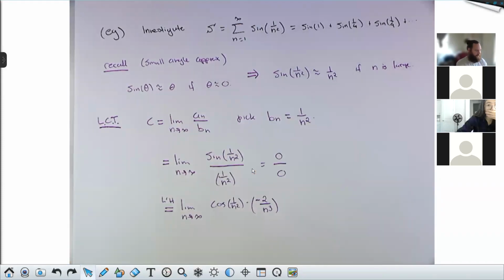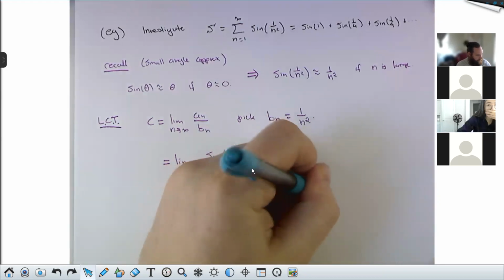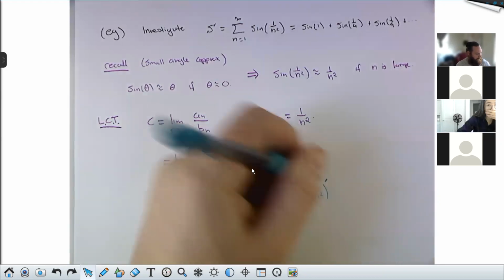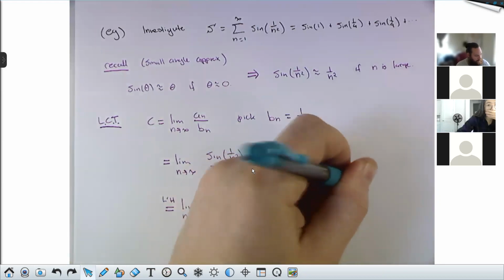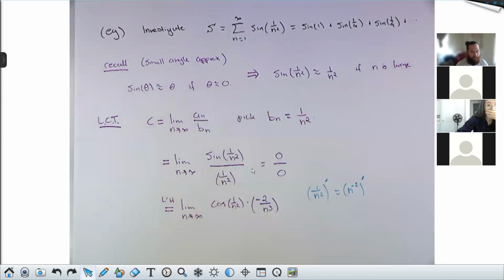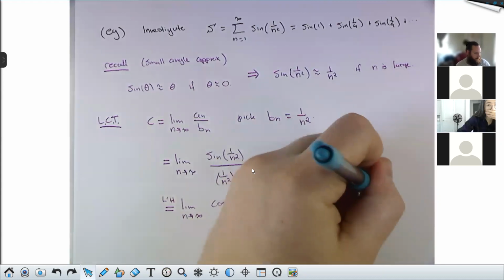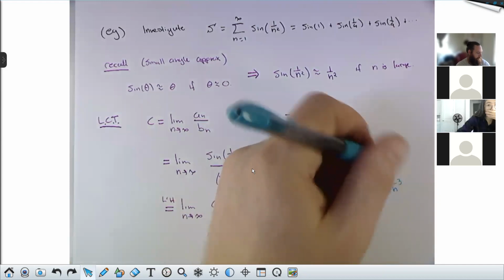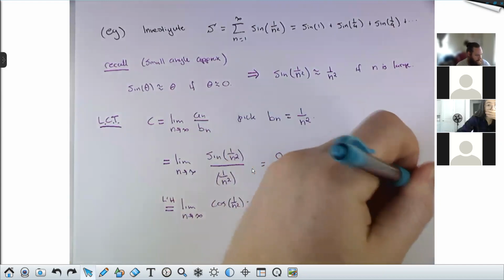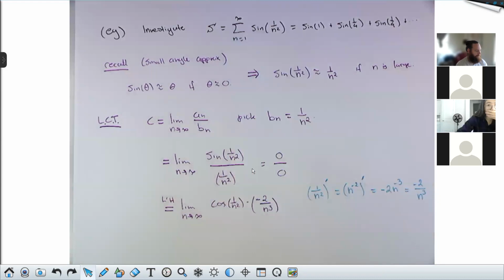If you want to see the work for that, the derivative of 1/n², which is n to the negative 2, is negative 2 n to the negative 3, which is negative 2 over n cubed.